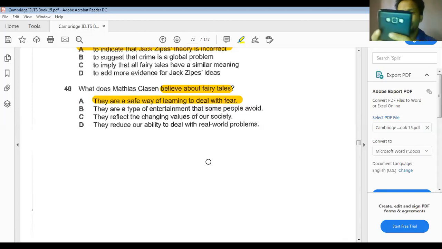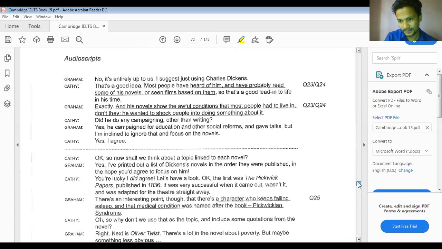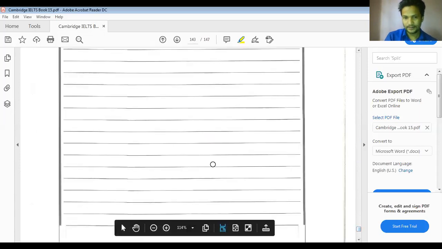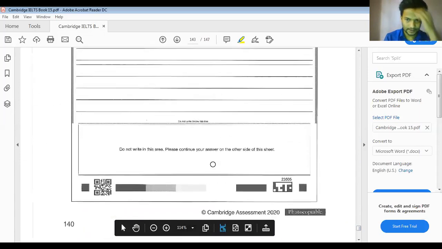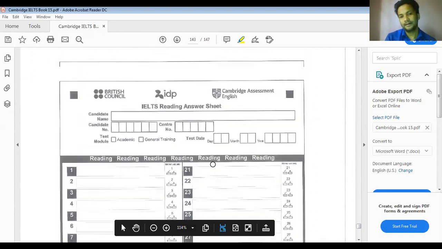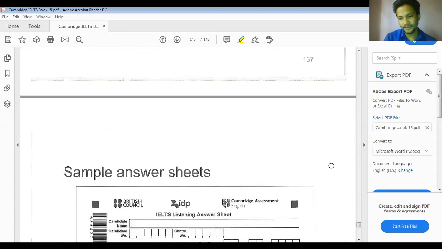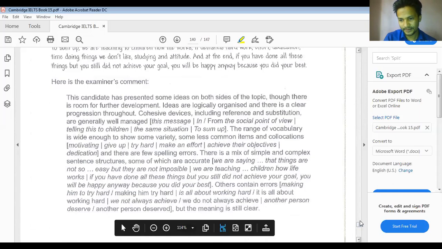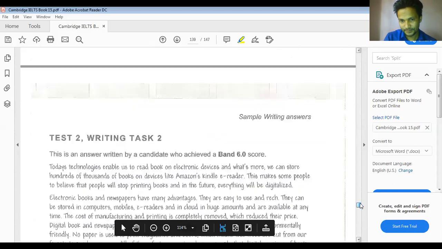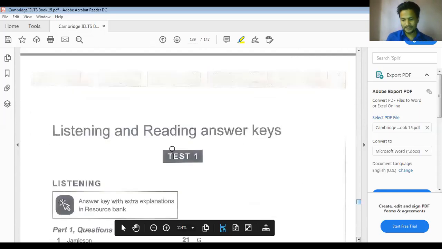Now I'm going to take the photo of the answer key and we shall be matching together. If you have written your answers, please get ready with your copy and pen and write the answers with me, and it will be easier for you to match them.